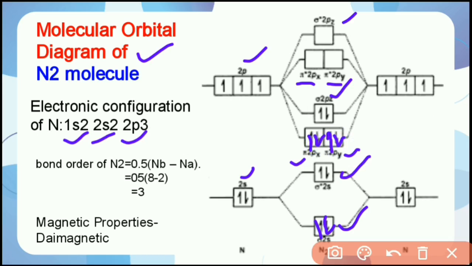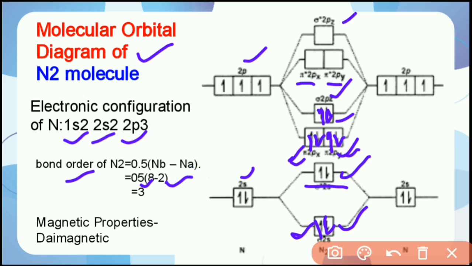Then after that, fill electrons in 2pz, along with another electron from the other nitrogen atom. Here all 6 electrons are filled, so no electron goes into the anti-bonding molecular orbitals. Let's see the bond order. A total of 8 electrons are present as bonding electrons and only 2 electrons as anti-bonding electrons.